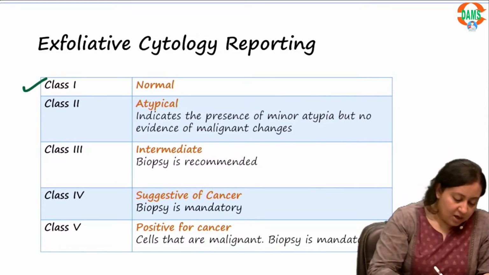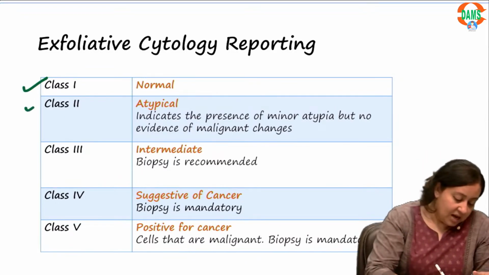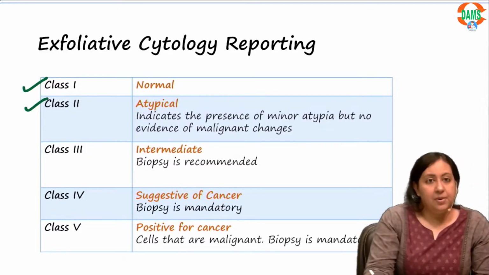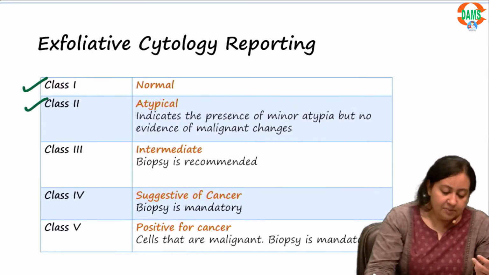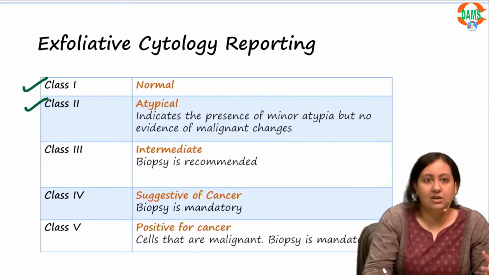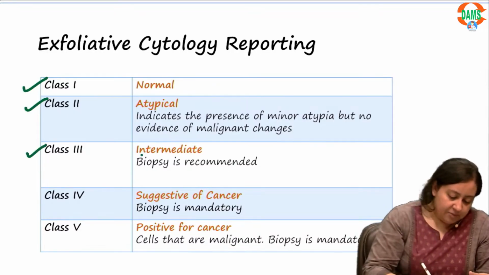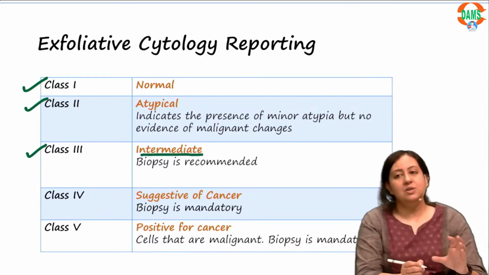Class 1 is normal. It's a normal cytological study, which means you see normal cells. Class 2 is atypical. It indicates the presence of minor atypia but no evidence of malignant changes. Class 3 is intermediate. Now, what is intermediate?